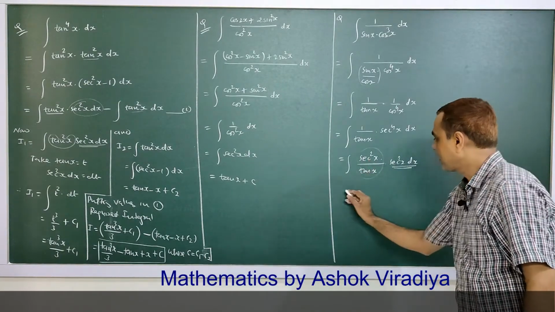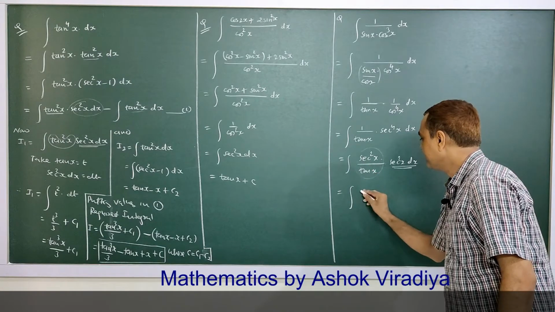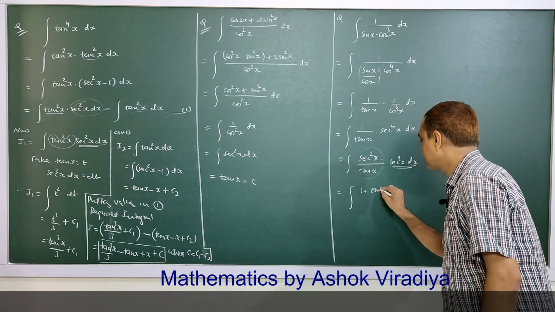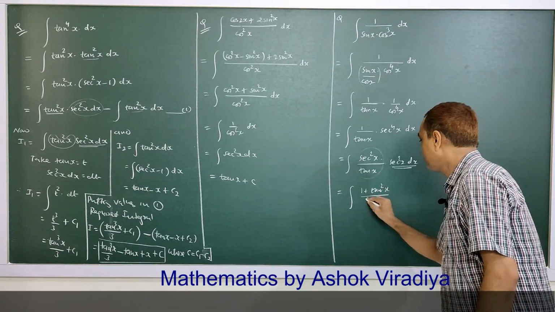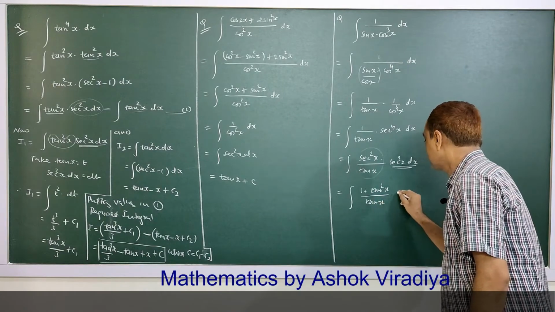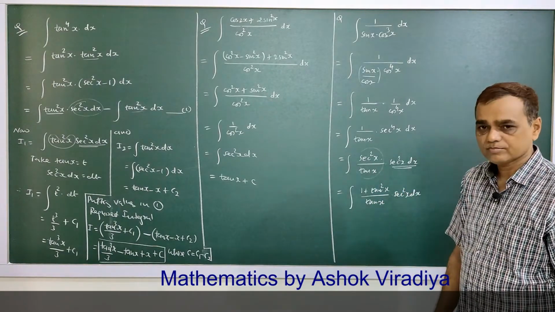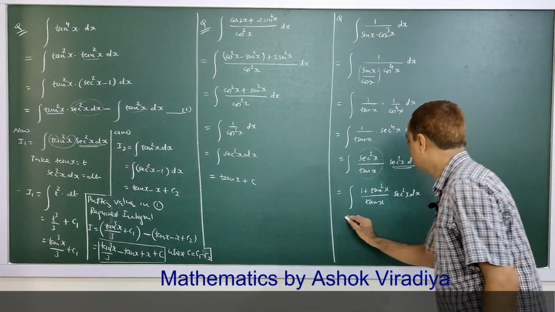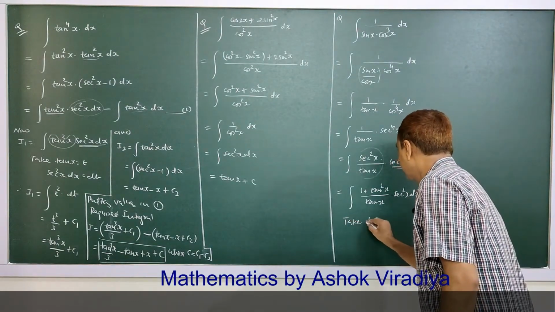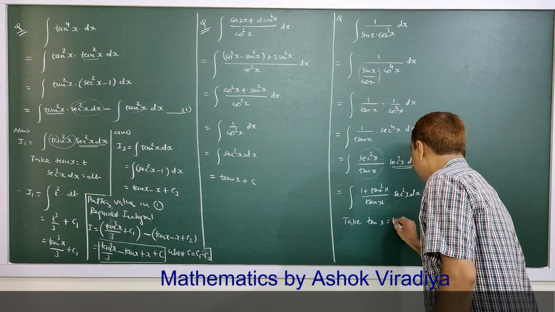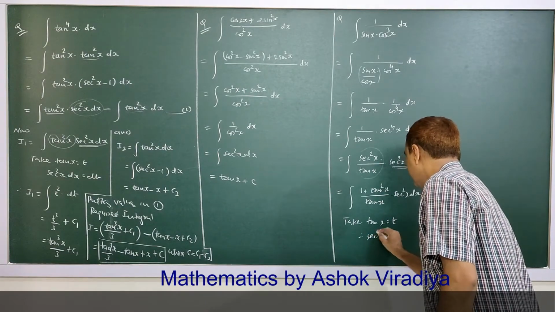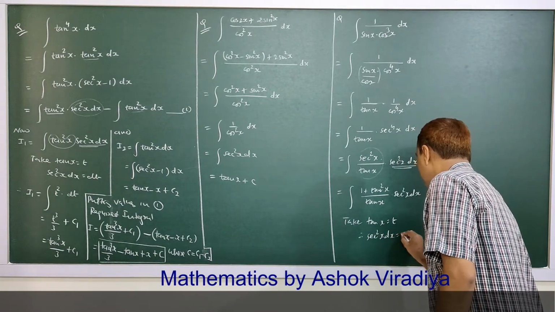So sec square x, I convert in tan, so it is 1 plus tan square x upon tan x, sec square x dx. And now we substitute tan x equal to t, so sec square x dx is dt.